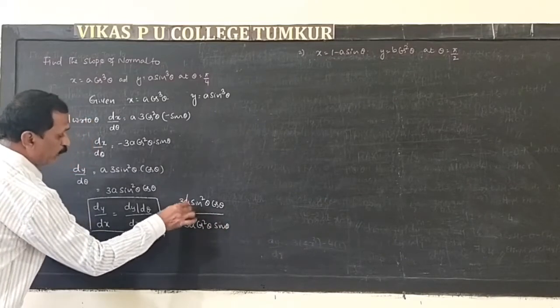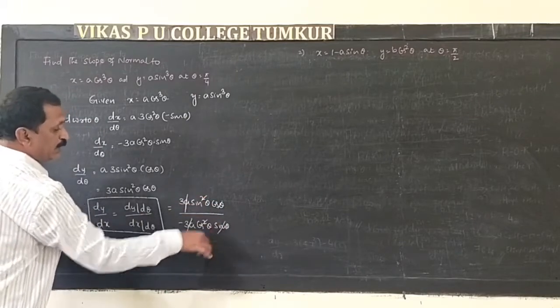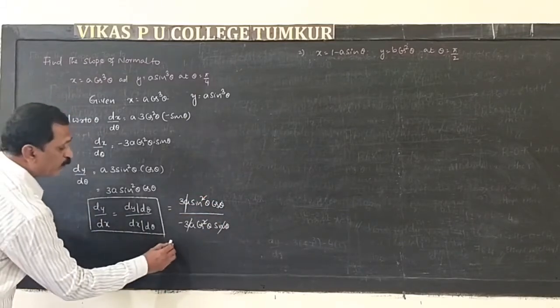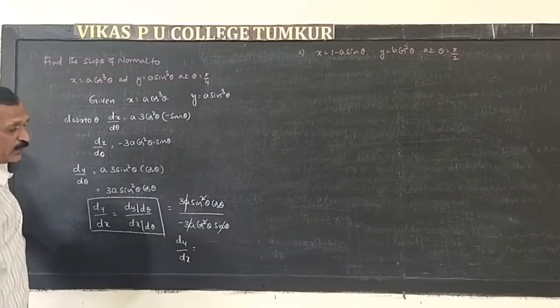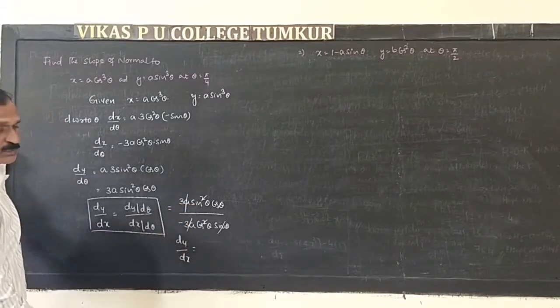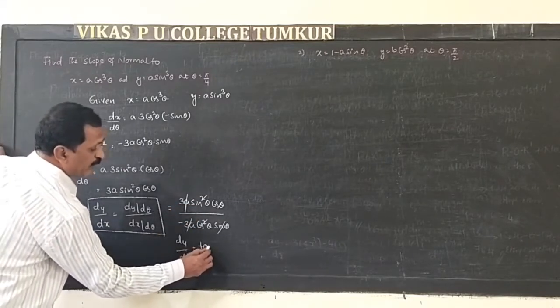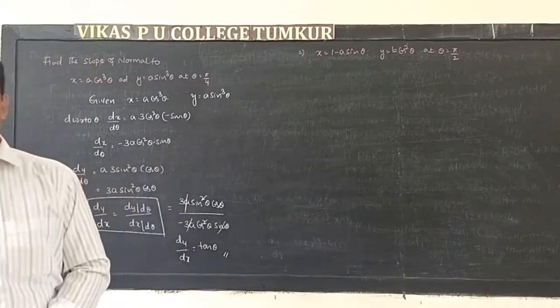Remember, the 3a cancels, one of the cos theta cancels, one of the sin theta cancels. Then dy by dx is equal to, what remains? In the numerator one sin theta remains, in the denominator one cos theta remains. sin theta by cos theta is tan theta. This is your dy by dx.